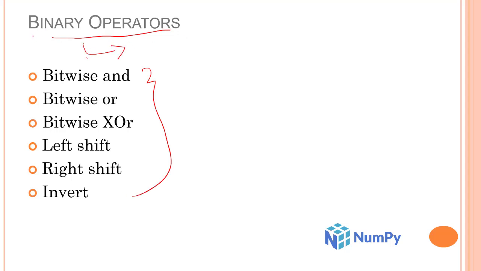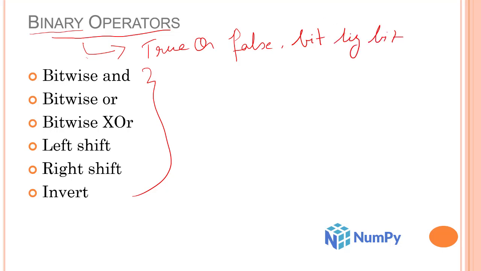As you know, in computer science, binary supports either true or false. Here also it works bit by bit. So a binary operation always works bit by bit. A binary operator acts on bits and performs a bit by bit operation.